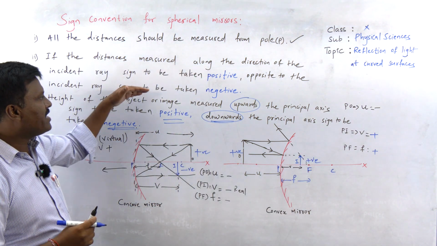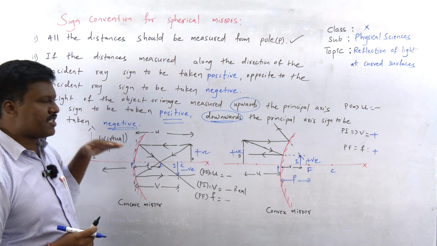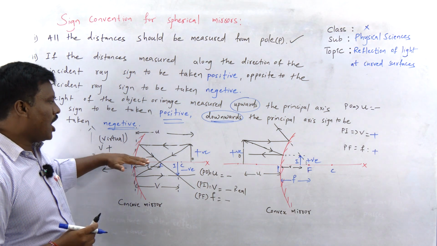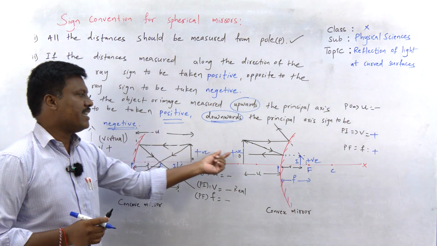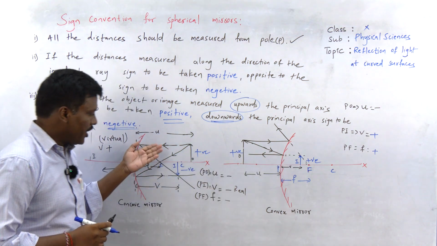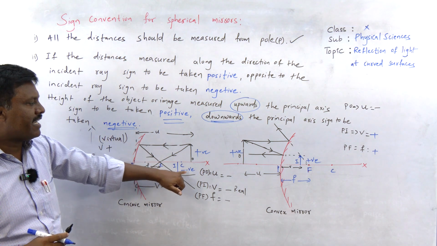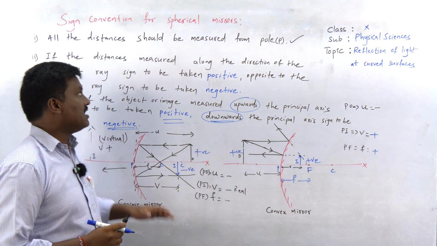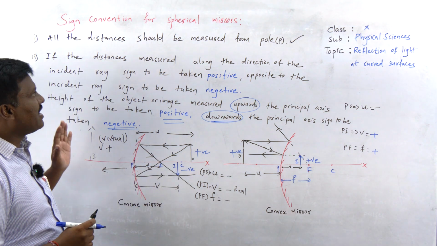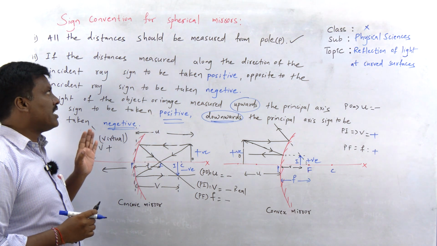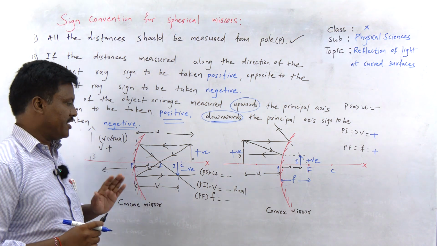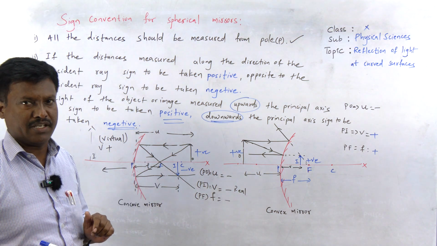So the height of the image or height of the object, if we measure upward from the principal axis, the sign is to be taken positive; downward, the sign is to be taken negative. So these are the three sign conventions, very, very important, related to spherical mirrors, both concave mirror and convex mirror.